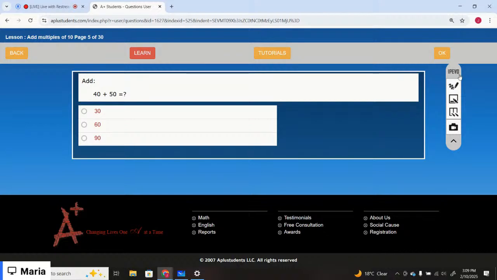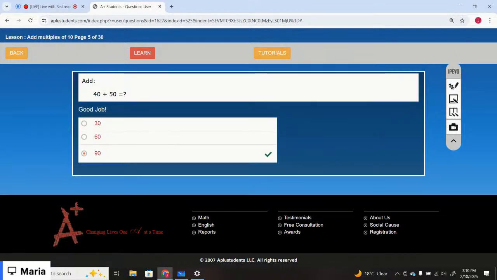That is 90. 50 plus 40 makes 90. Option 3 is the correct option.